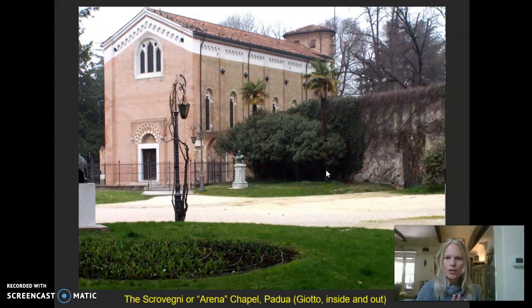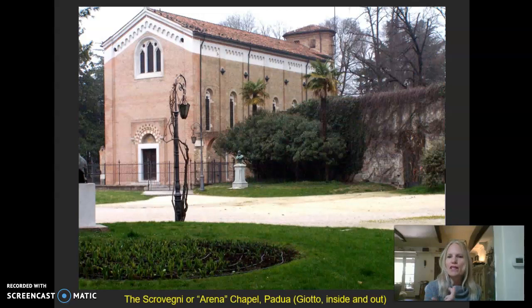I'm just giving you a little context here. We're not going to look at architecture yet. That's coming up in the next section of the Quattrocento. But this is called the Scrovegni, or the Arena Chapel. It's located in Padua, and Giotto was hired to paint the interior of it.